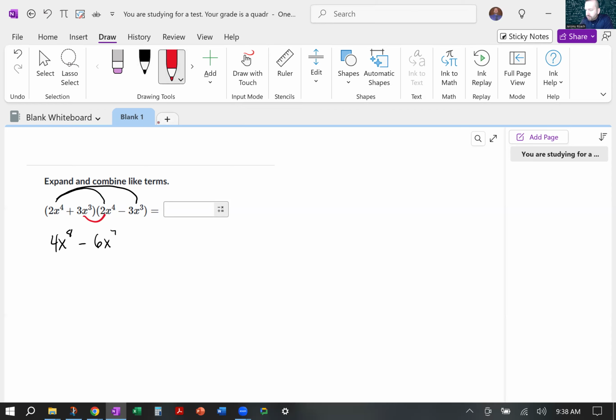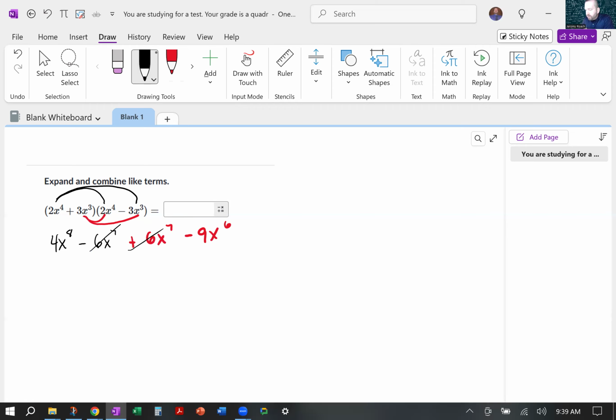Now if we go to our second two, 3x cubed times 2x to the fourth is plus 6x to the seventh. And then 3x cubed times negative 3x cubed is just negative 9x to the power of 6. And we're going to combine like terms now. So we actually have the negative 6x to the 7th and the positive 6x to the 7th.